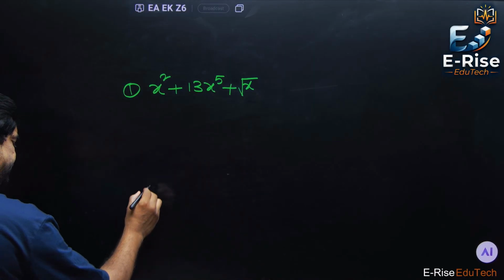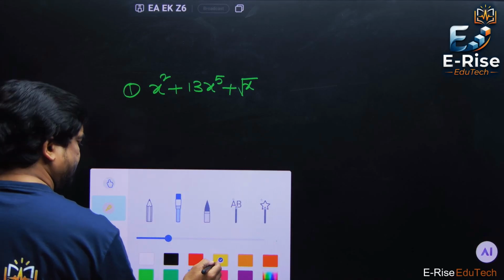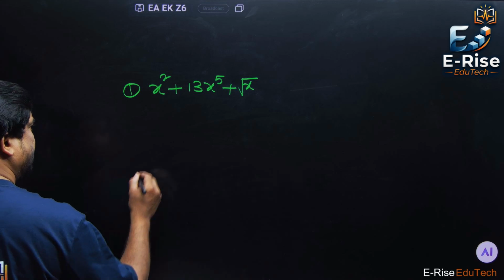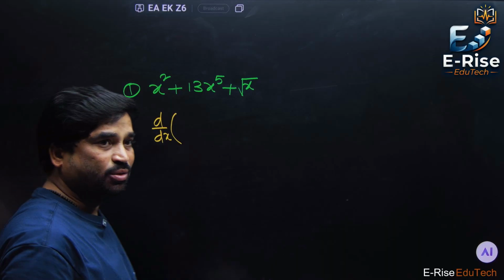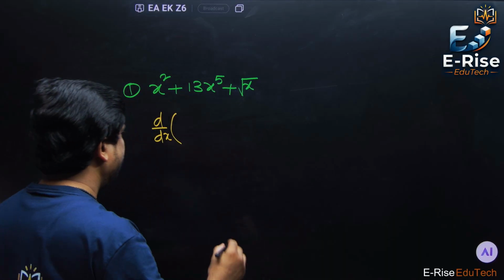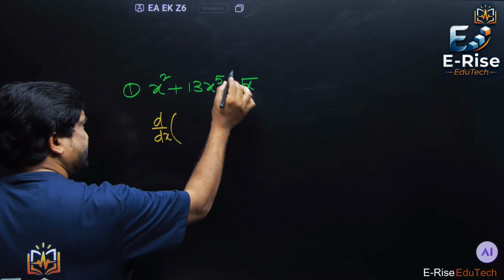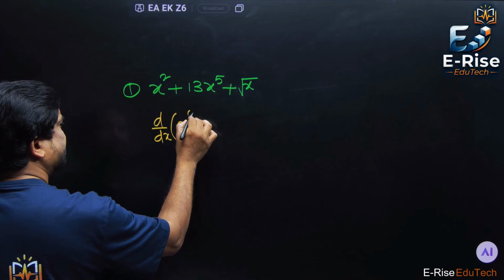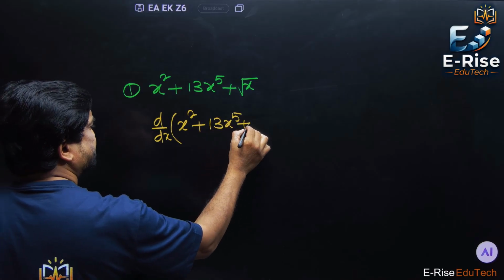We'll see here. d by dx of, how to write this? Observe how to write the differentiation formation. d by dx of this whole thing first: d by dx of x square plus 13x to the power 5 plus root x.